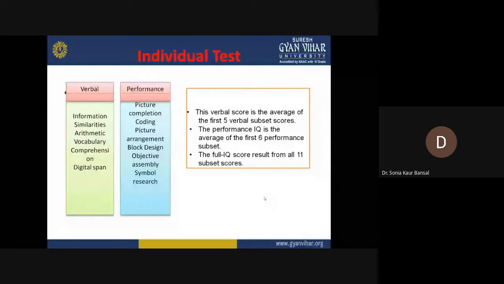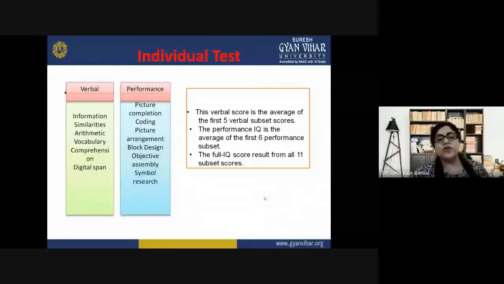The verbal score is the average of the first five. The performance IQ is the average of the first 6 performance subtests. The full IQ score results from all 11 subtest scores. So this is about Wechsler's test.